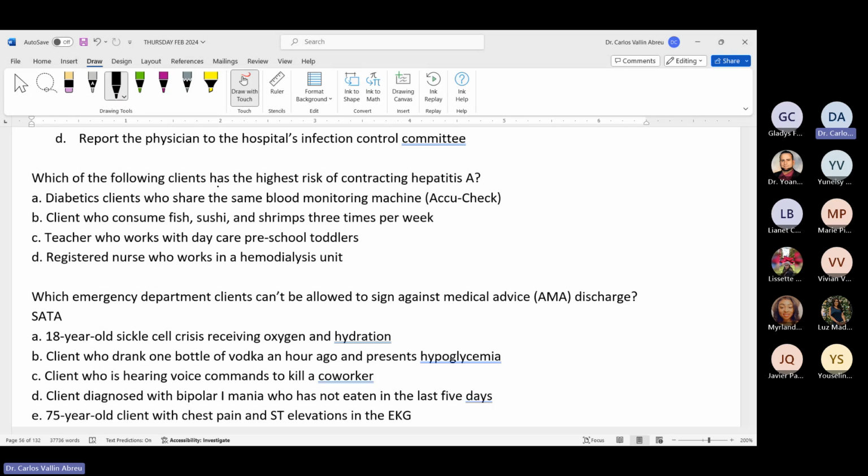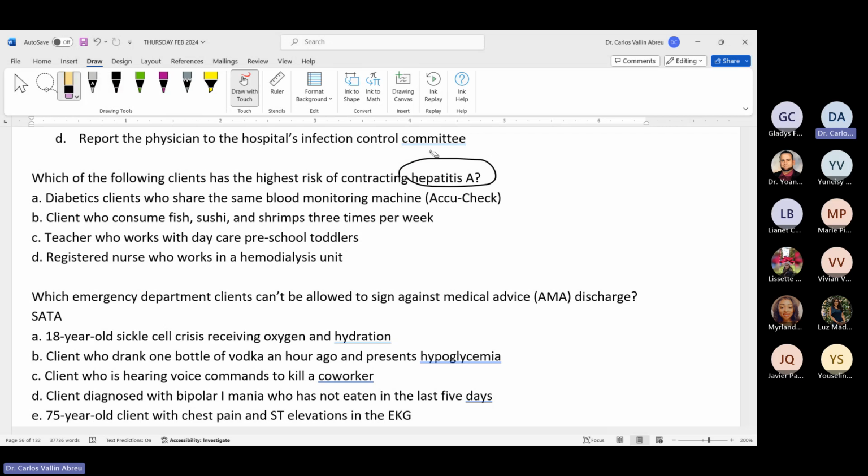So the question is, who of these four clients has the highest risk of catching hepatitis A? Hepatitis A is rare in the United States. First, because it's a very clean country. Sanitation is enforced. And second, because a large part of the population is immunized, and the herd immunity is protecting others.